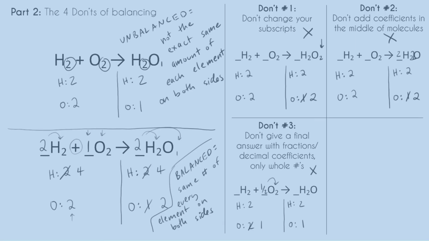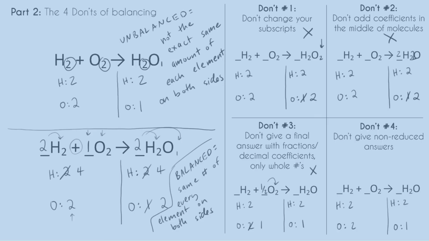All right, and so our final don't is don't give non-reduced answers. So let's say that somehow throughout the process of balancing, you ended up with these coefficients. Now going through, this is actually balanced because the H's on the left-hand side would be 4 times 2, 8, and the O's on the left-hand side would be 2 times 2, so 4.